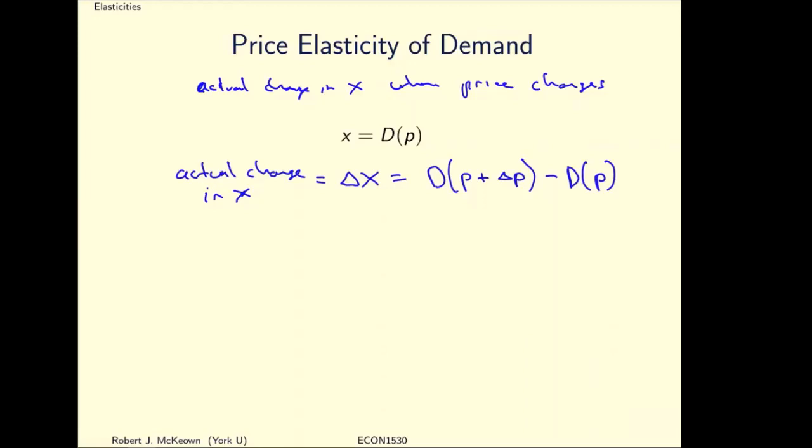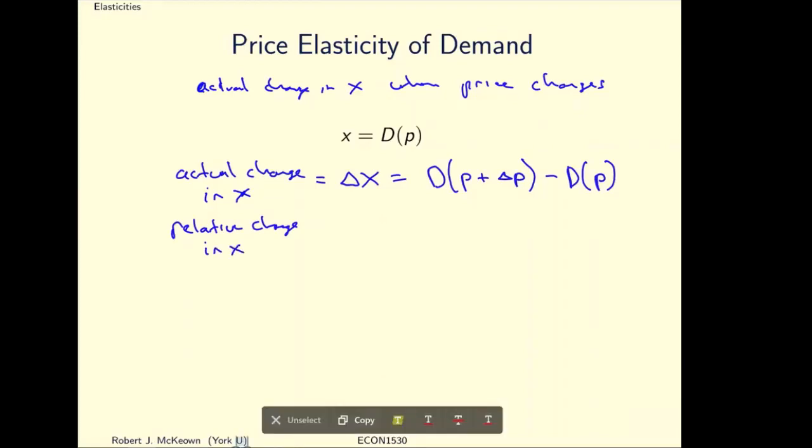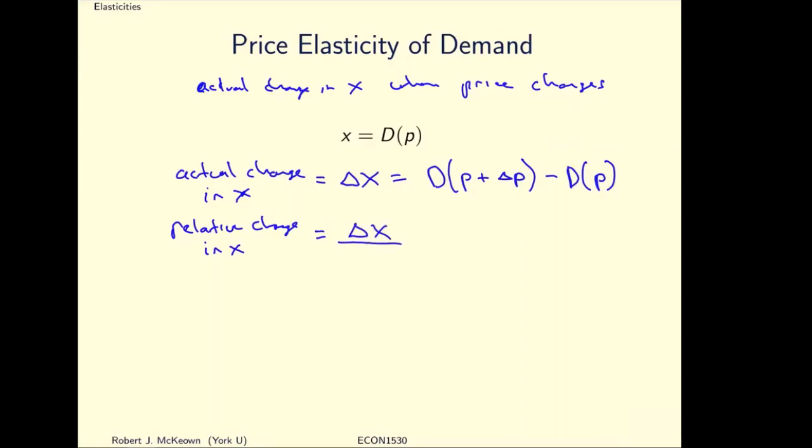Now, if I want to know the relative change in X, well, from chapter 6 we know that the relative change in X is going to be the change in X divided by X itself. And so using the demand function, what's that going to look like?